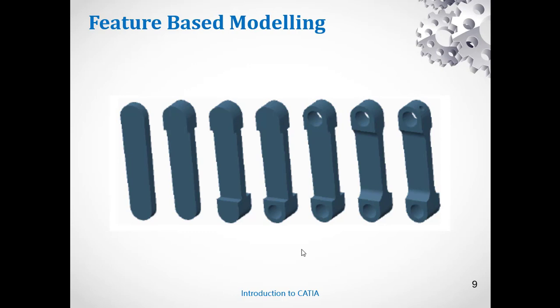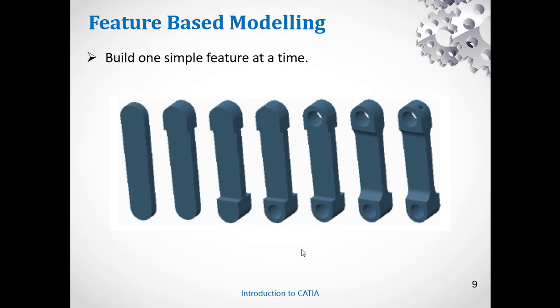So when we go for creating a model in our CAD tools, we divide our part into some steps, because using a single feature, using a single command, it is kind of impossible to create any model. So we divide it into some steps, and those steps are actually called features in the term of software.